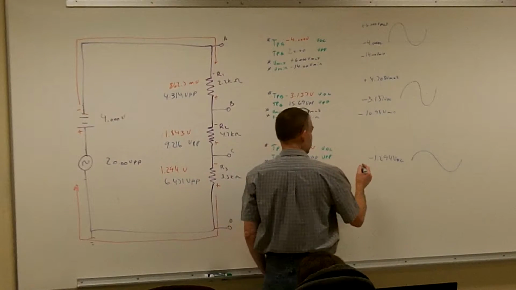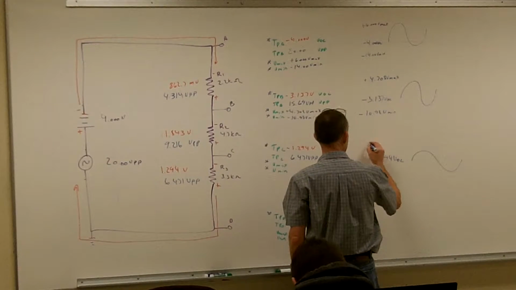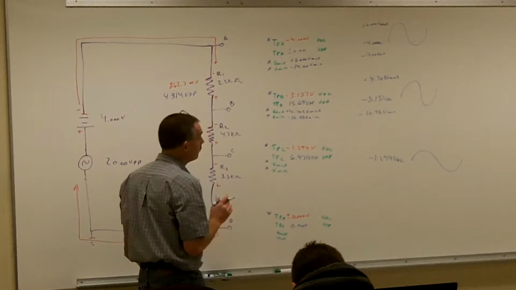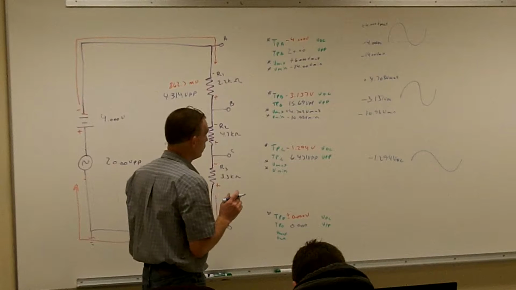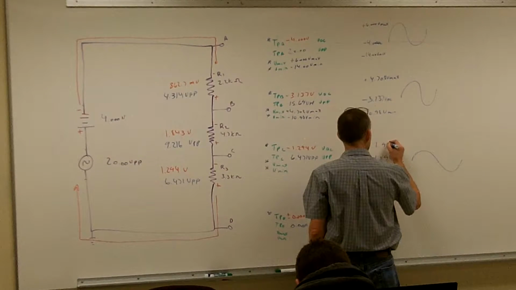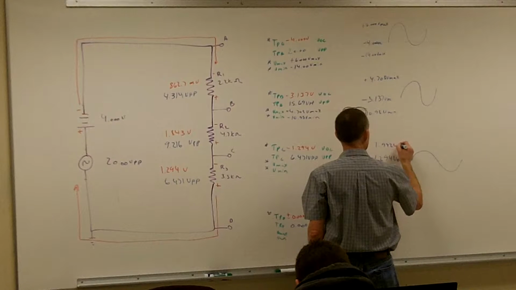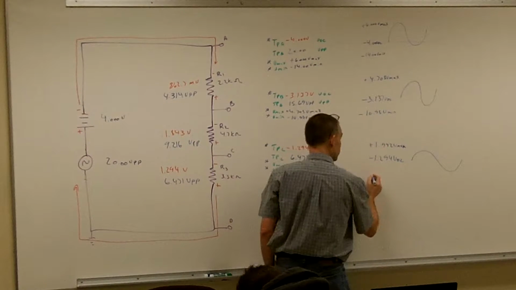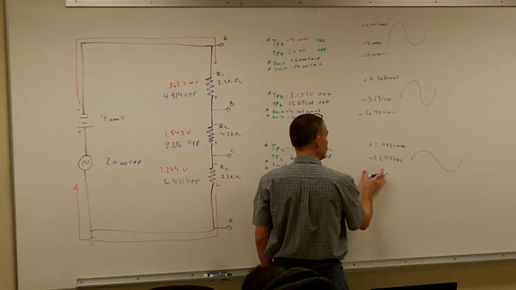So what's my V max going to be equal to then? Positive 1.942 volts V max. Alright. And then my V min is going to equal to what?